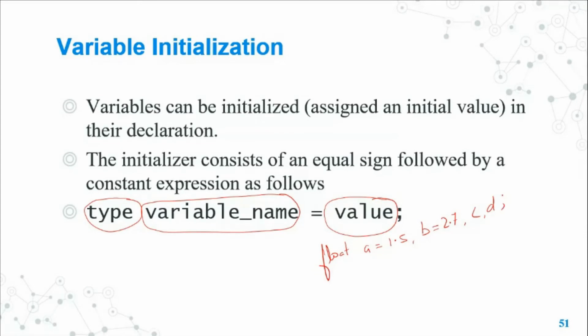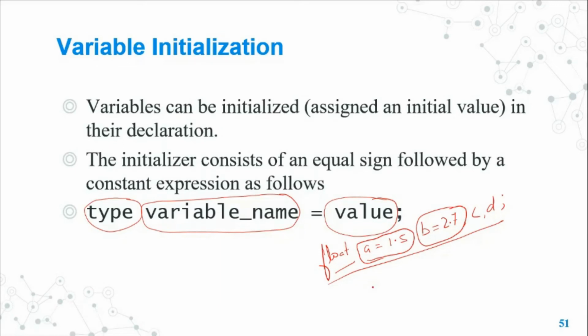This is also possible. In this case, all four variables a, b, c, and d are declared as floating point variables, with a initialized with the value 1.5, b initialized with 2.7, and c and d not initialized.